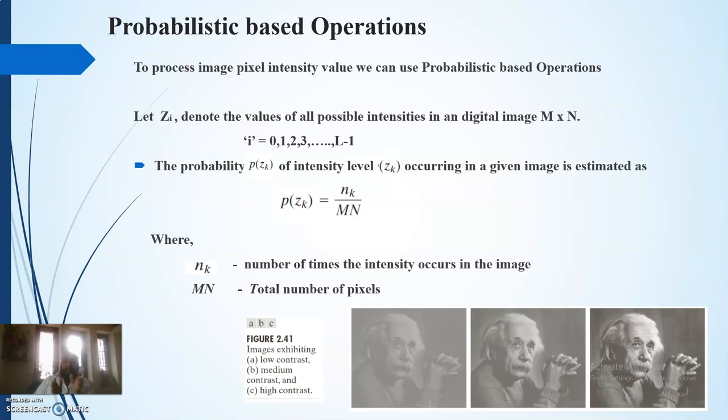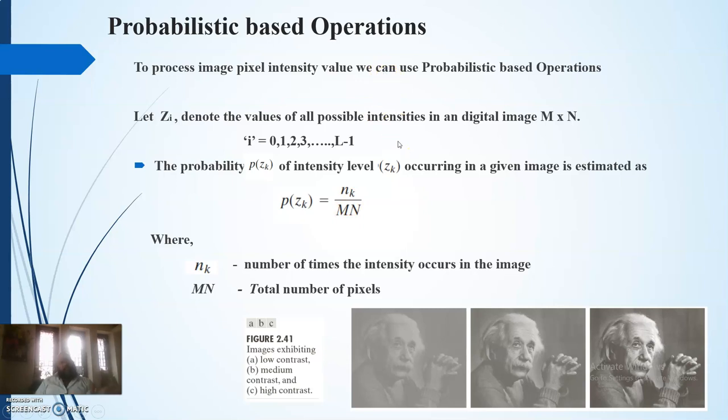Its application area is in contrast modification, changing the contrast of the image, changing the brightness of the image, and carrying out enhancements. In this area, the probability based operation is used.